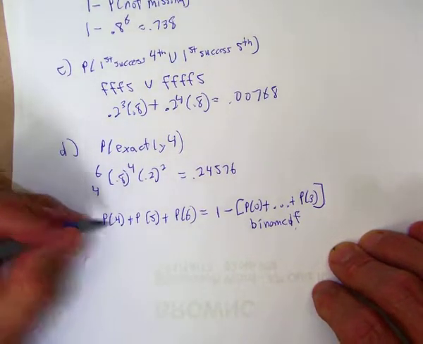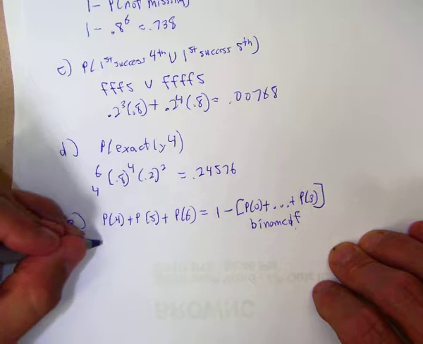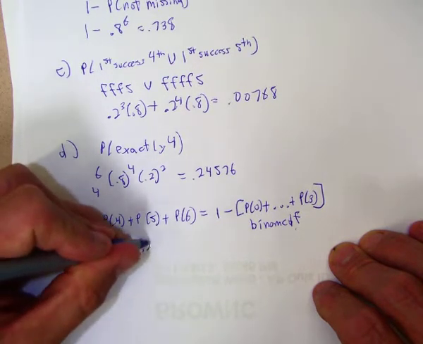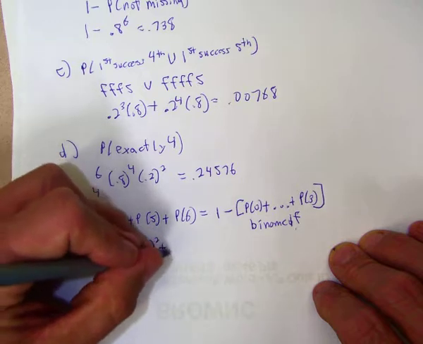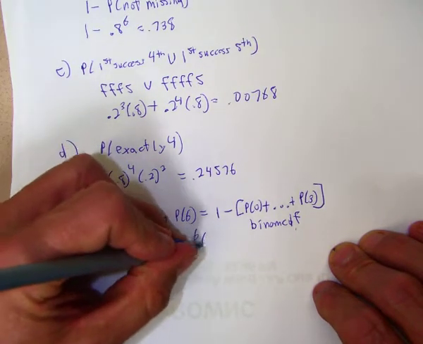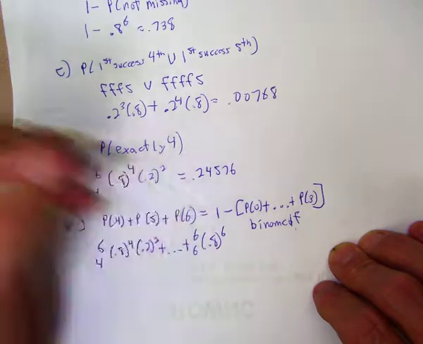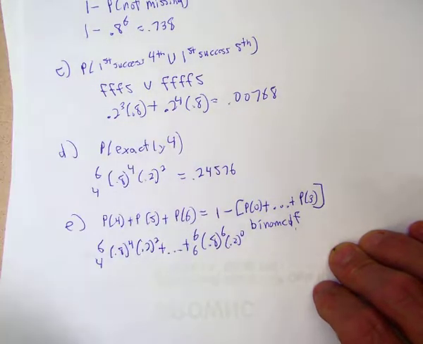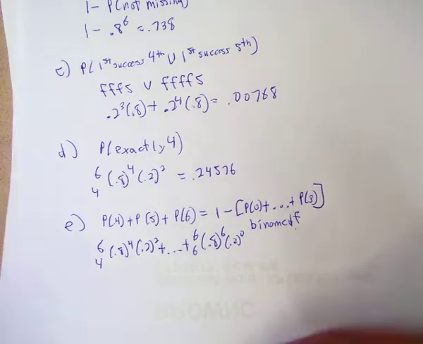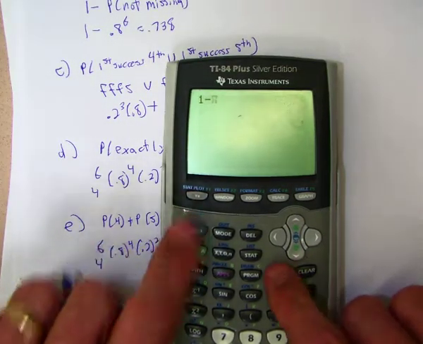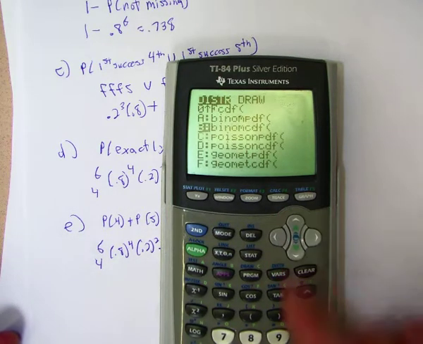So what do we have to put on our paper? The probability of 4 is 6 choose 4, 0.8 to the 4th, 0.2 to the 2nd, plus dot, dot, dot, all the way up to 6 choose 6, 0.8 to the 6th, and then you would put 0.2 to the 0 if you want. And then we say, okay, I want at least, so I do 1 minus binomCDF.